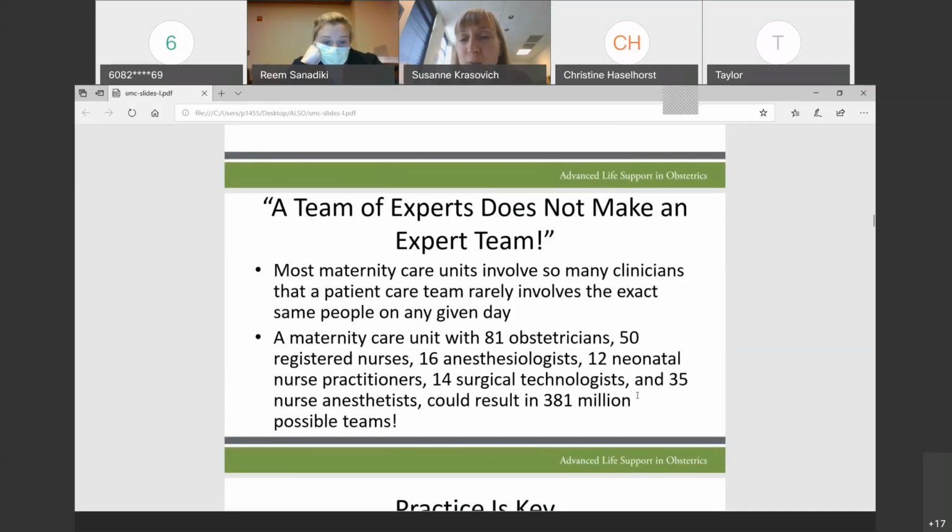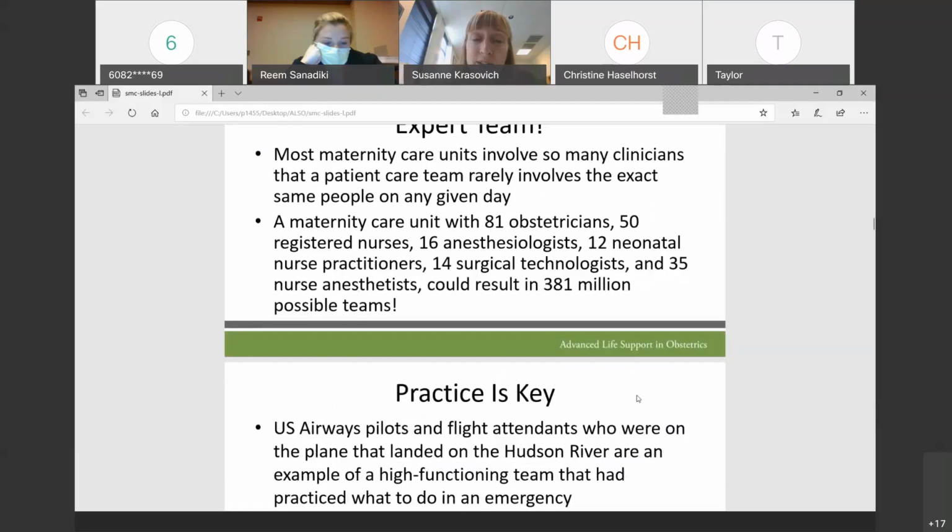But if you had 81 different OB or family medicine OB providers, 50 different nurses, 16 anesthesiologists, 12 NNPs, 14 surgical techs, and 35 nurse anesthetists, you could end up having 381 million different combinations of possible teams. Now, even if your hospital is not that big, the end result is the actual team that you work with on any given day can be a combination that's one of hundreds, which means that practice is key.